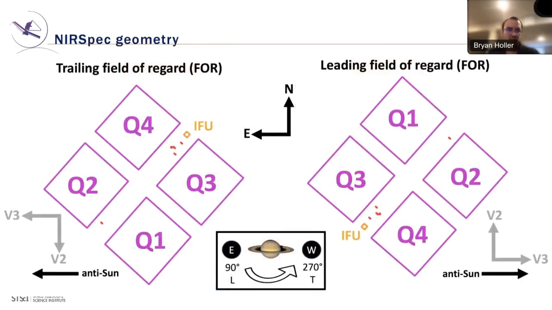The general rule of thumb, and here's a different picture showing the different MSA fields of view and the IFU, with a cartoon of Saturn. At greatest western elongation, you're looking at the trailing hemisphere. At greatest eastern elongation, you're looking at the leading hemisphere.